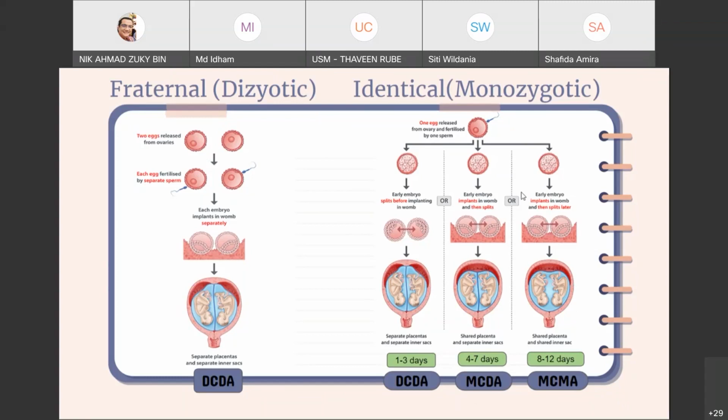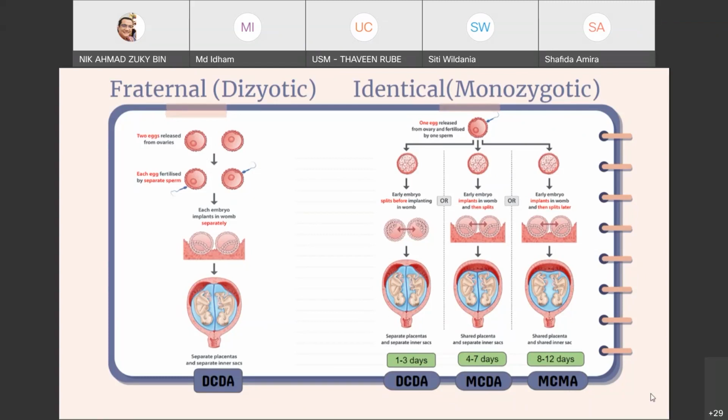And for your info, the DCDA, dizygotic is always diamniotic, as well as dichorionic. Okay? Dizygotic is always dichorionic, diamniotic.